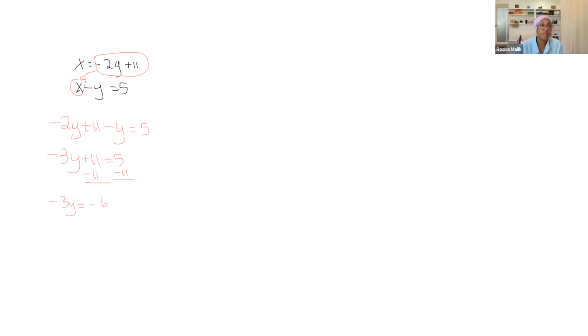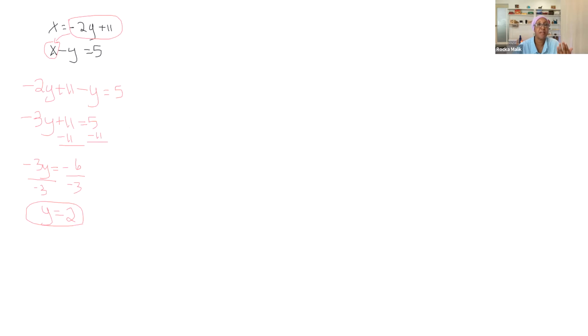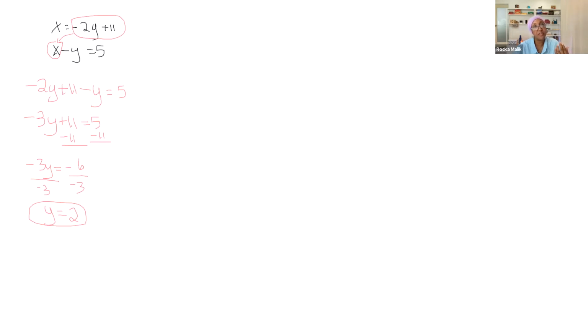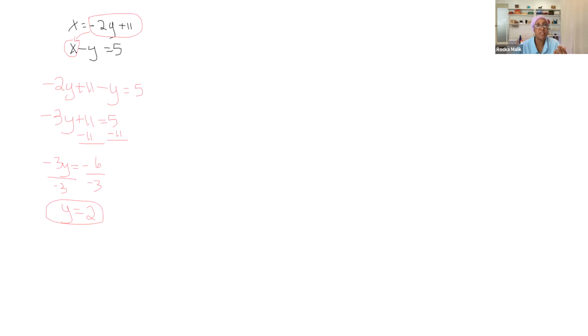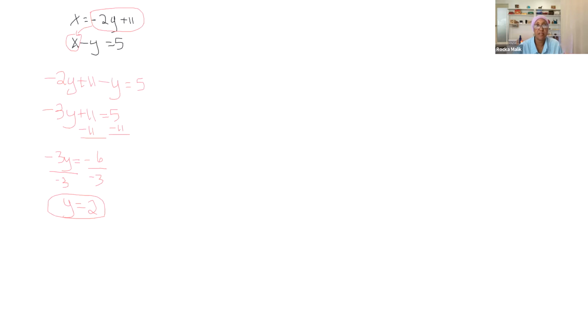So I divide both sides by minus 3 because I just want the Y by itself. I end up with Y equals 2. I would still have to go back and plug Y equals 2 into one of these equations to see what X is, if I needed the point.